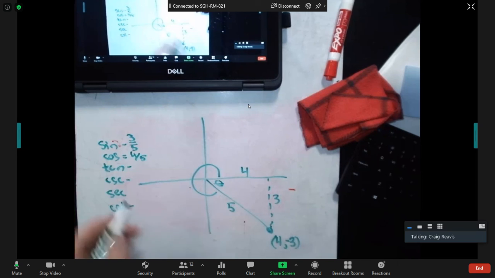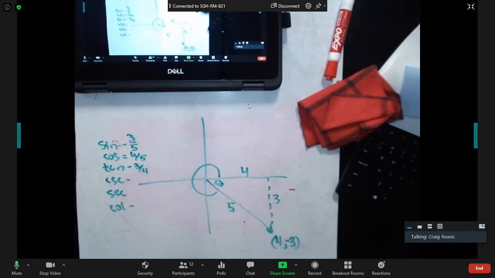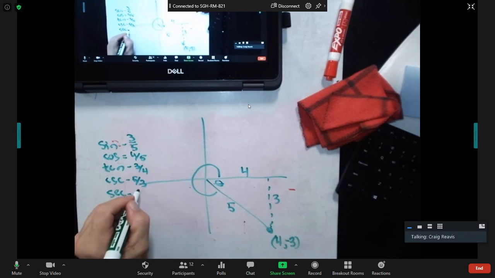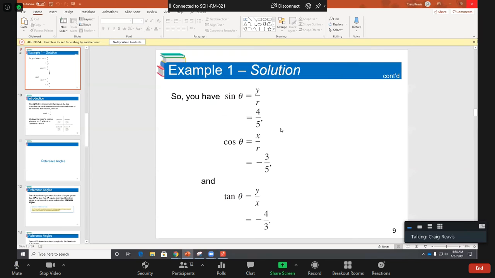Tangent is opposite over adjacent, -3/4. Now for cosecant, secant, and cotangent, I've just got to invert them. So this is -5/3, secant's the inverse of cosine, so that's 5/4, and cotangent's the inverse of tangent, that's -4/3. So that's what's going on with that problem.